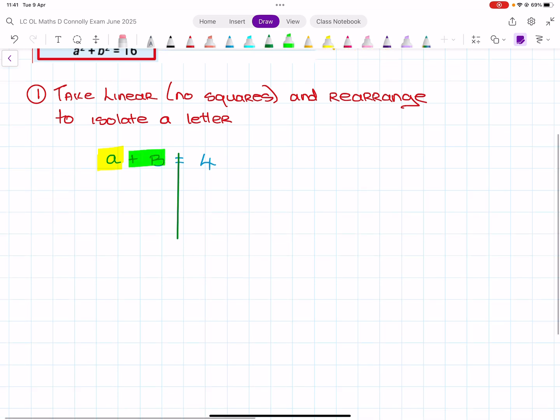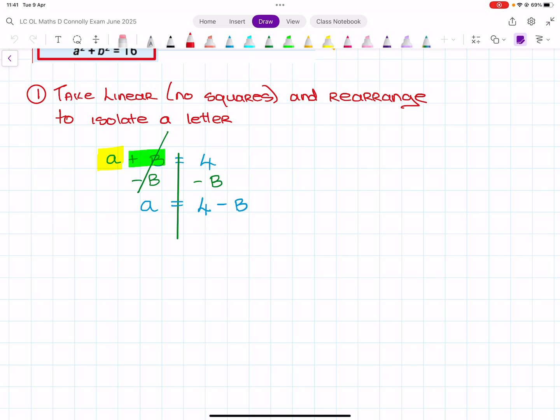It's a plus b, so I get rid of it with a minus b. But if I minus b on the left, I have to minus b on the right. The a is now isolated, and these two are not part of the same family, so I can't combine them. I can just literally write it down as I see it. So a equals 4 minus b. And that's the first step.